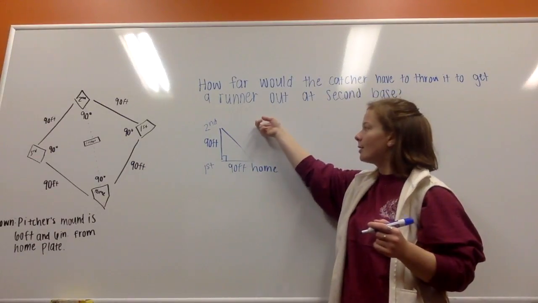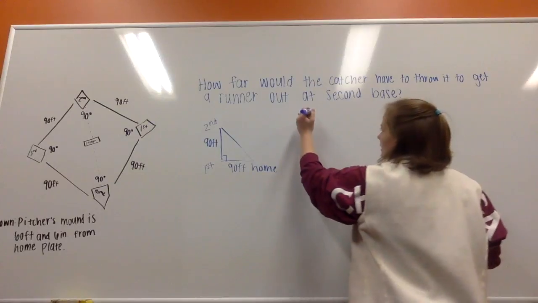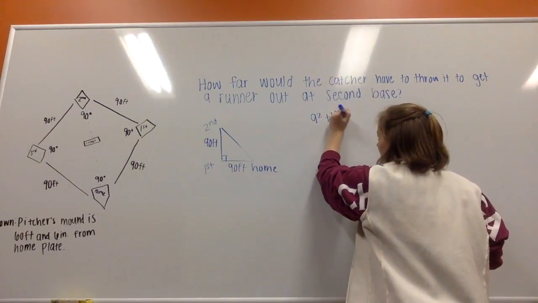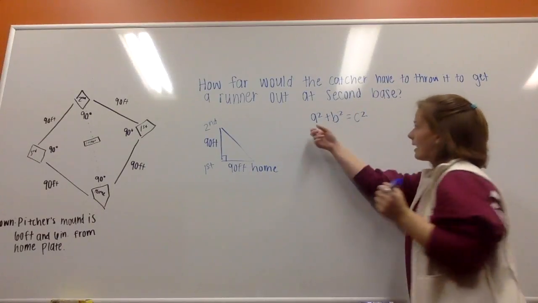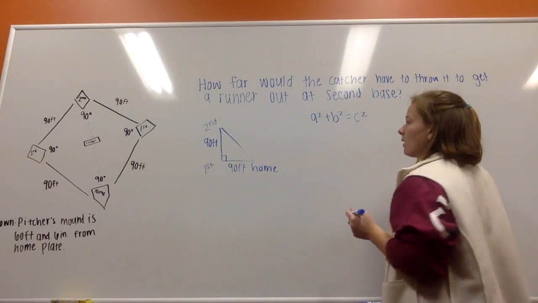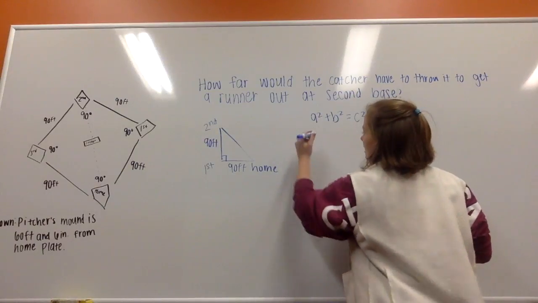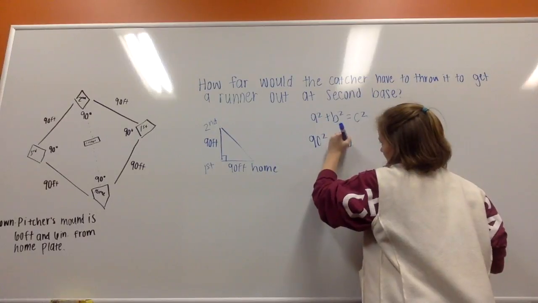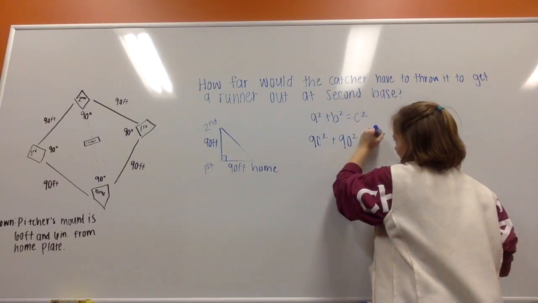So how do I find a hypotenuse? Well, the Pythagorean theorem states that a squared plus b squared equals c squared, where a and b are your legs and c is your hypotenuse. So I can go ahead and say 90 feet squared plus 90 feet squared equals c squared.